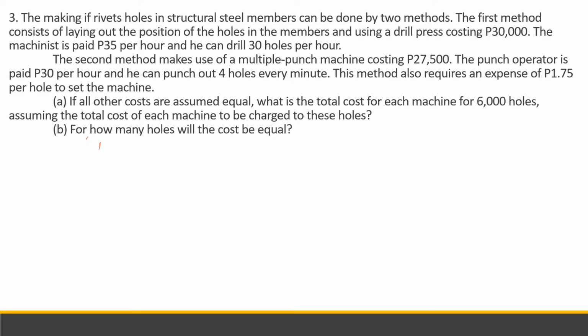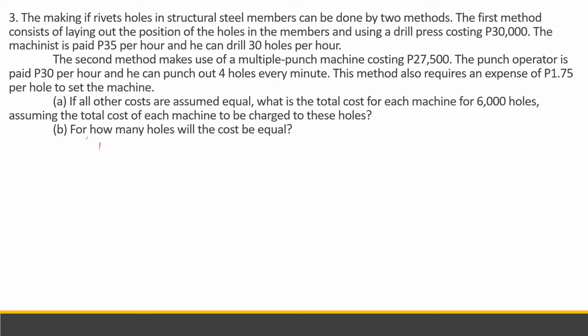And the second method is to make use of a multiple punch machine costing 27,500 and the punch operator is paid 30 pesos per hour and can only punch out 4 holes for every minute. So mas mabilis siya. This method also requires an expense of 1.75 pesos per hole to set the machine. So mabilis yung pag-punch, but merong additional cost.